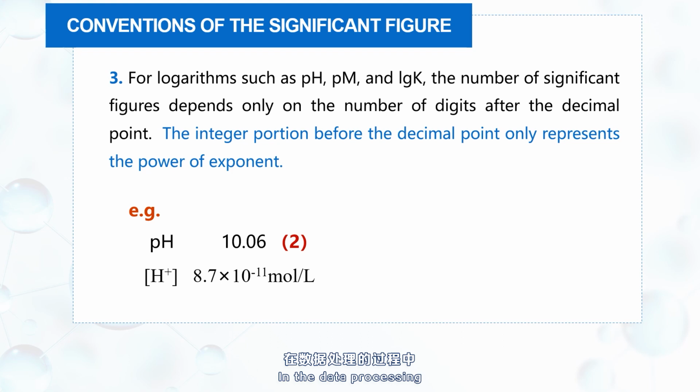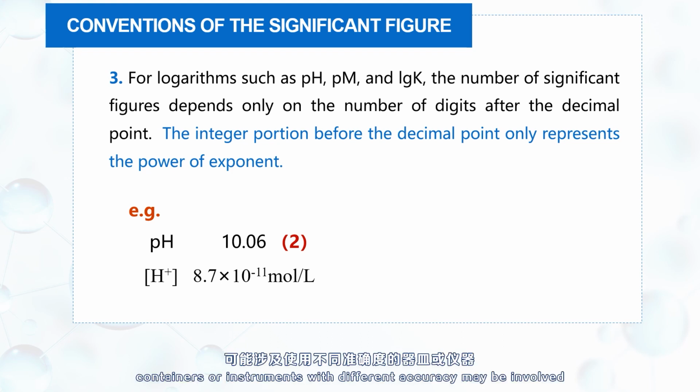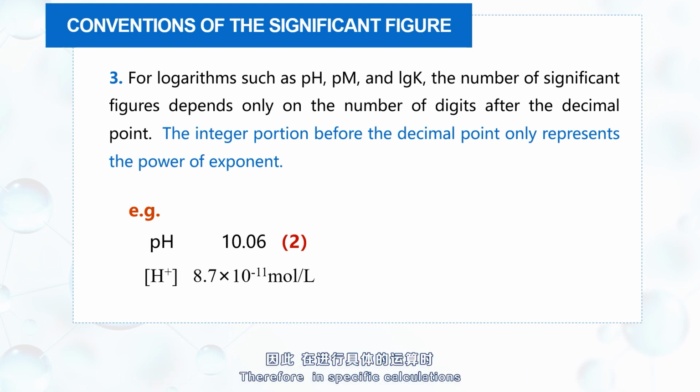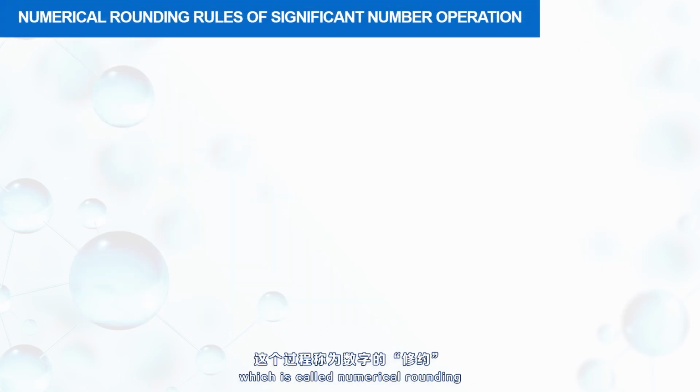In the data processing, containers or instruments with different accuracy may be involved, and the number of significant figures of data may be different. Therefore, in specific calculations, it is necessary to reasonably determine the number of significant figures according to uniform rules, which is called numerical rounding.